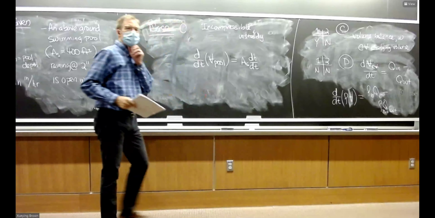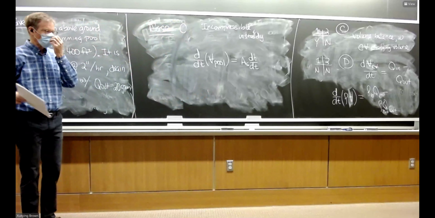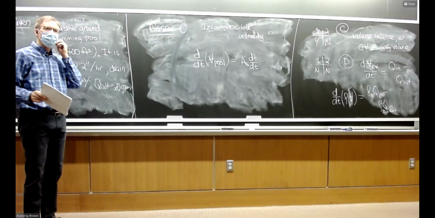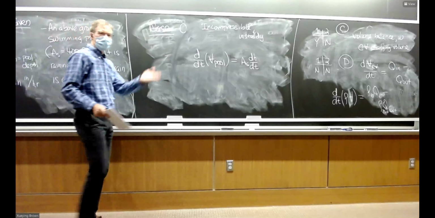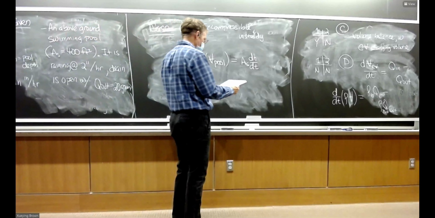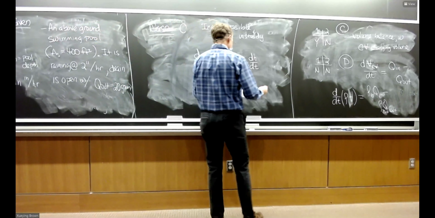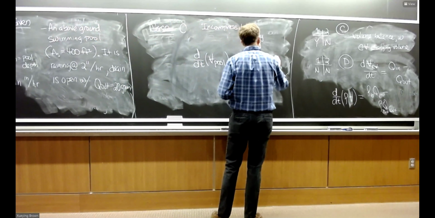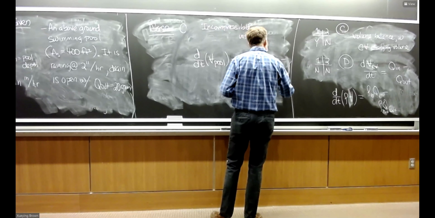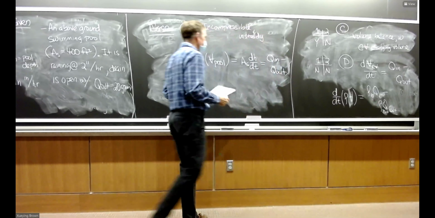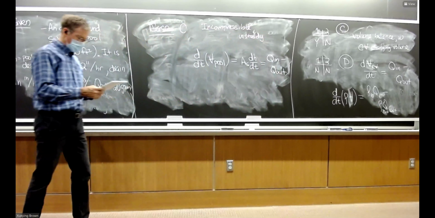We're just assuming that this has vertical sides on our above ground pool, so it has a constant surface area regardless of the water depth. That's equal to the flow in and the flow out.